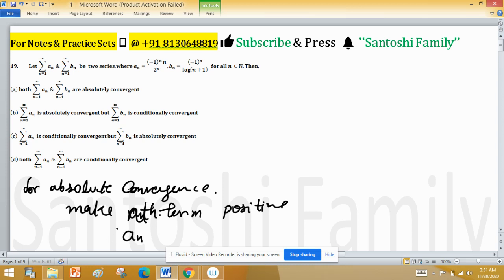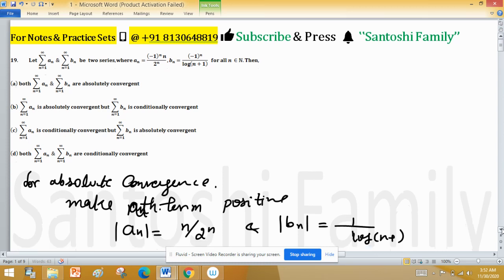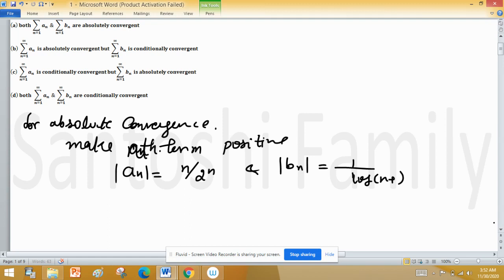So mod of an equals n upon 2^n, and mod of bn is 1 upon log n plus 1. For absolute convergence, we have to make this term positive. Now this is a positive term series.